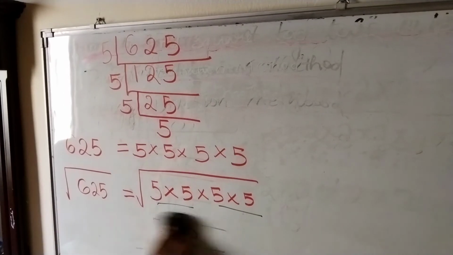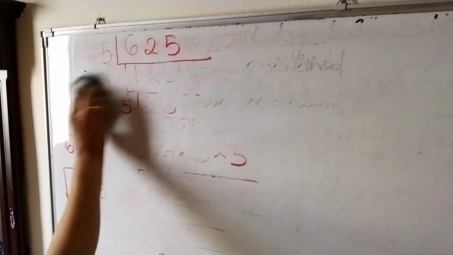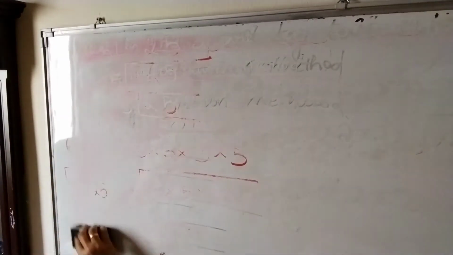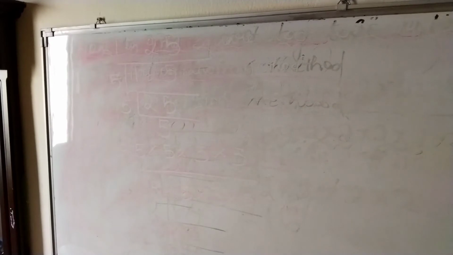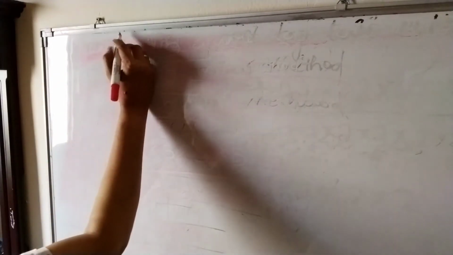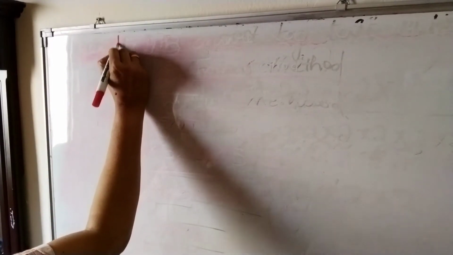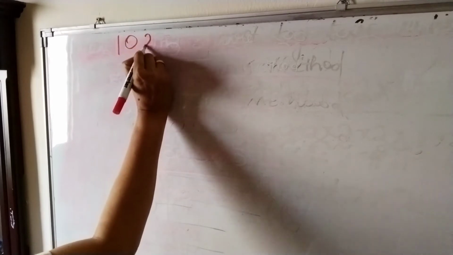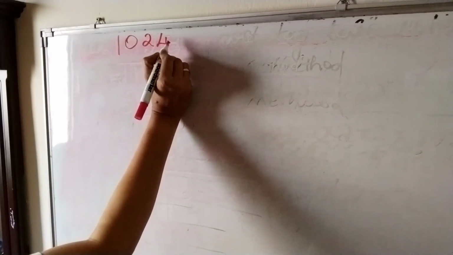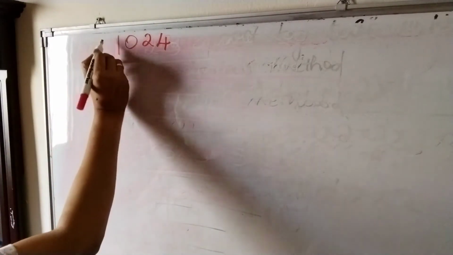Next problem. 1024. How will you check the divisibility?